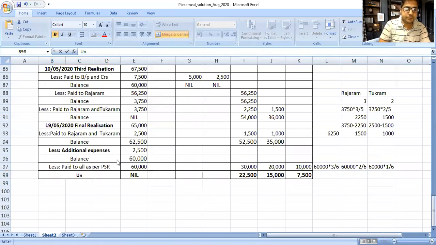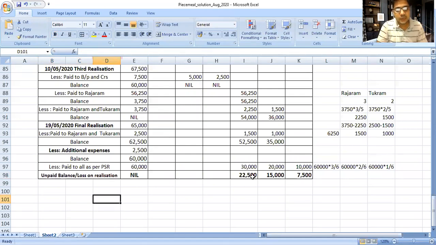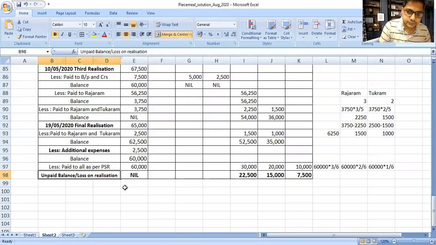Now friends, this balance is called the unpaid balance, and it is also known as a loss on realization. Still, the three partners have not received their balances, and it is a loss on realization. It is a loss on dissolution. I hope you understood these things.